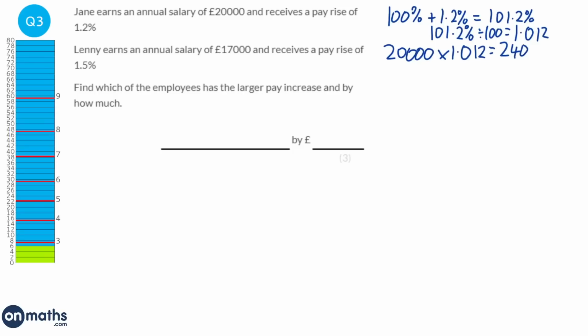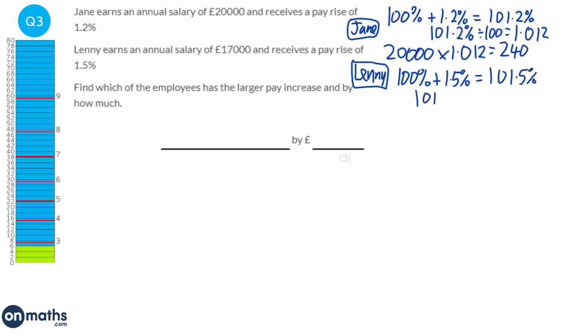Next we do the same for Lenny. So that's 100% plus the 1.5%, which will be 101.5%.